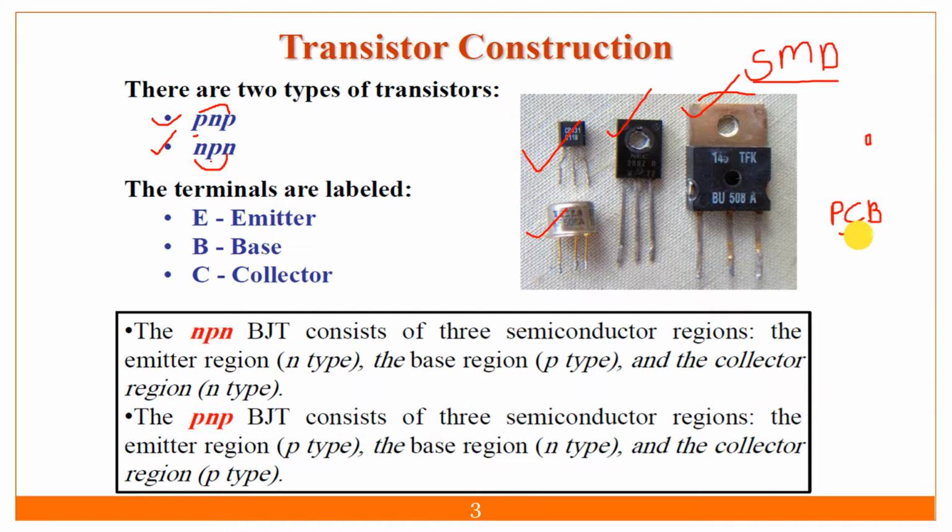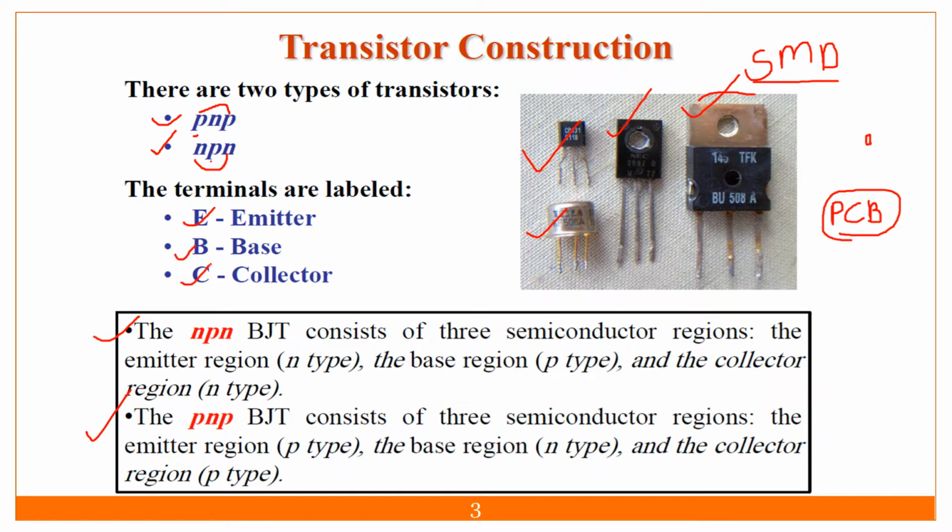On the PCB we are mounting different kinds of transistors, the NPN transistor and the PNP transistor. If we observe this transistor, there are three terminals: emitter, base, and collector.